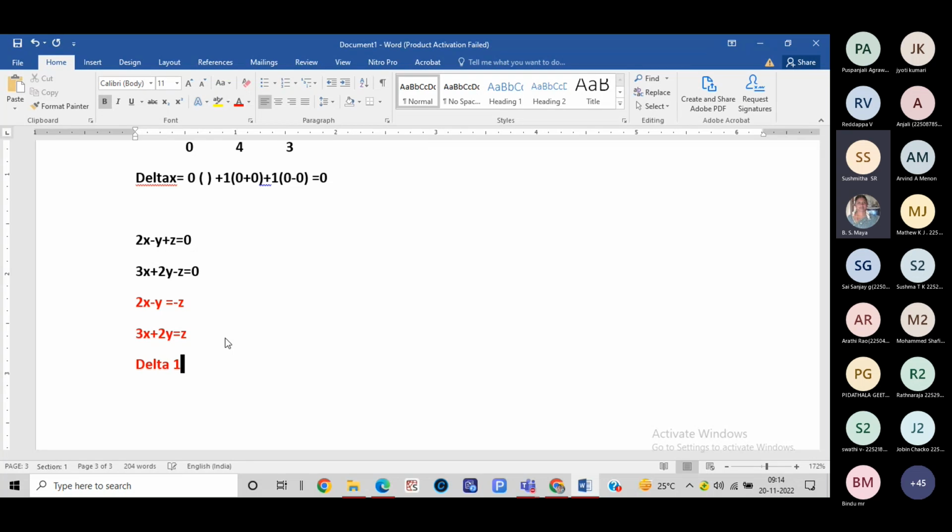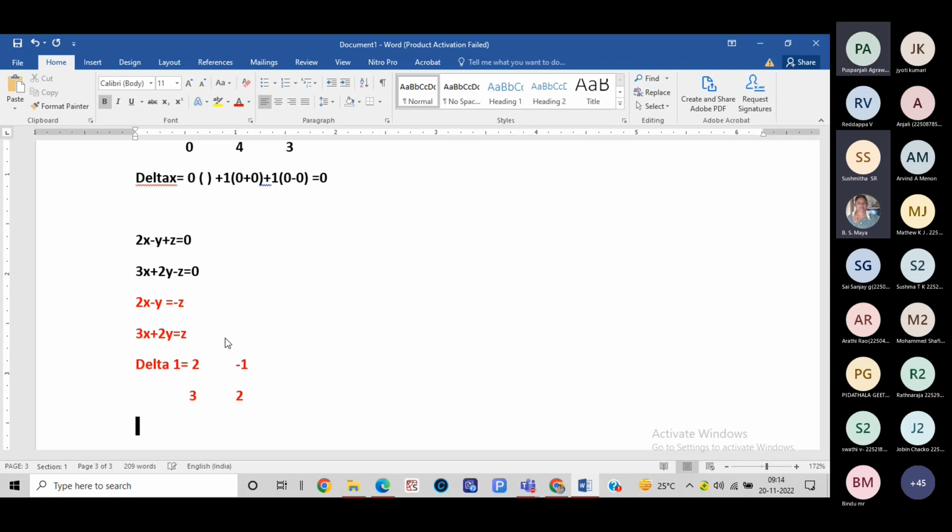After that I should get delta dash, delta 1, because there are two variables now. Delta 1 how to represent? The determinant 2, minus 1; 3, 2.